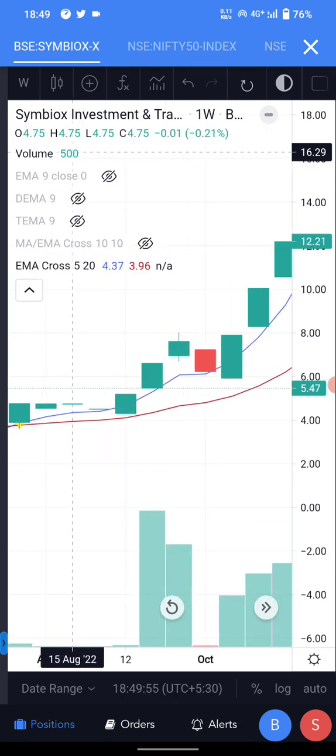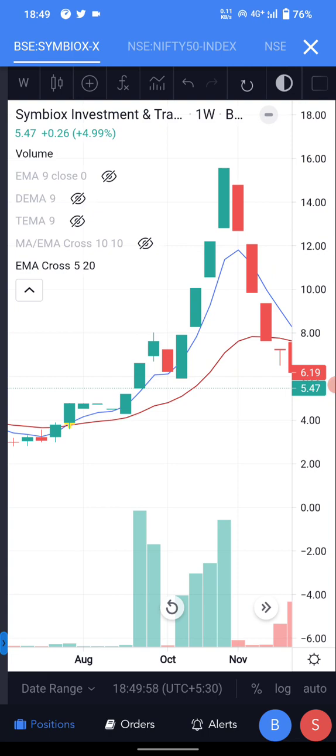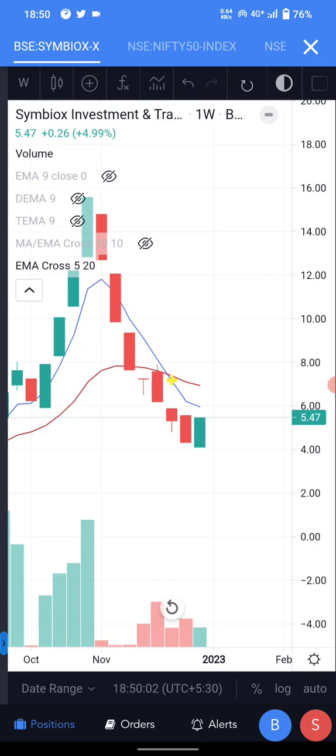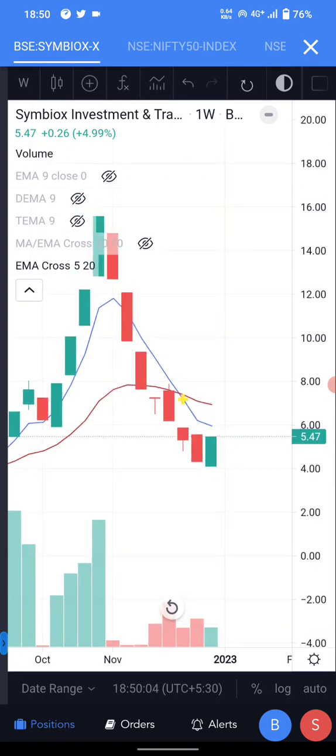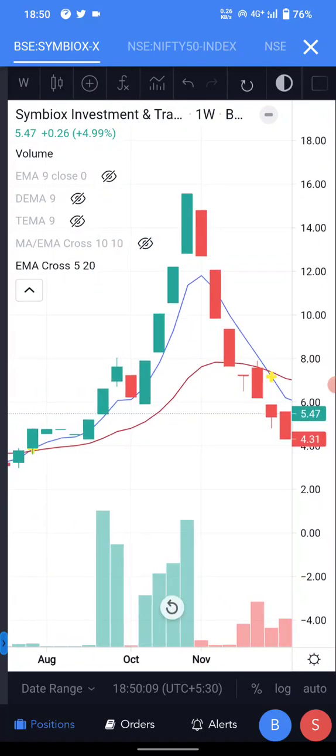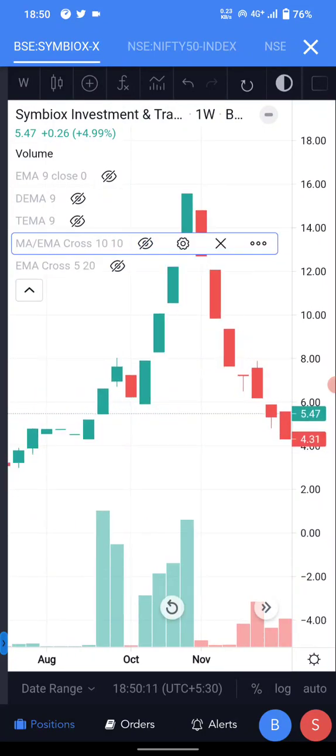If this blue line goes above this red line, you can take a buy position, and the same with this one also. If it crosses below, you can take a sell position. And let's get into MA with EMA cross.